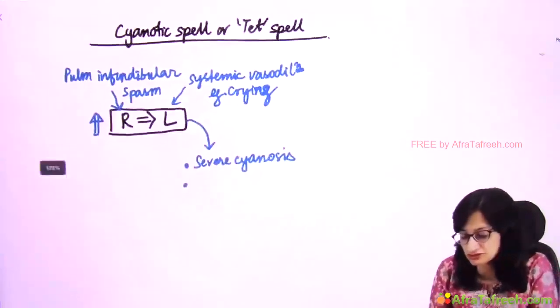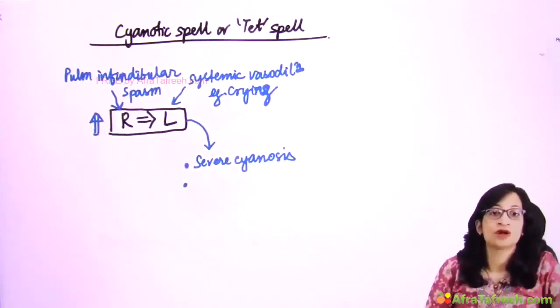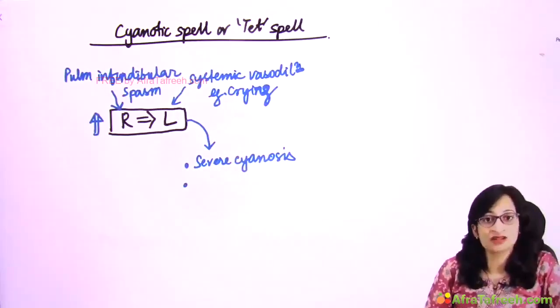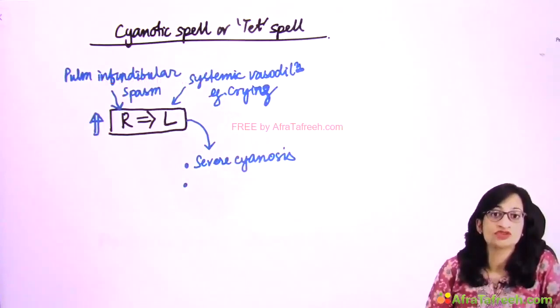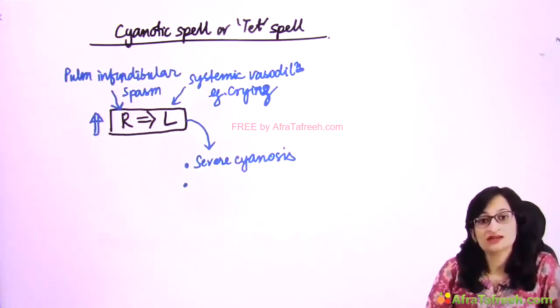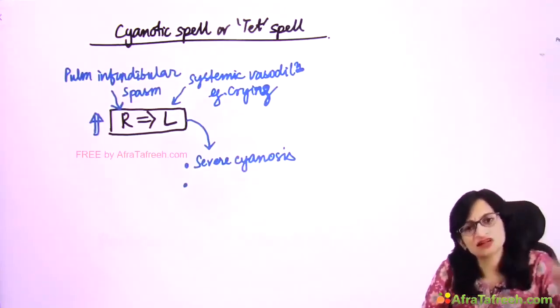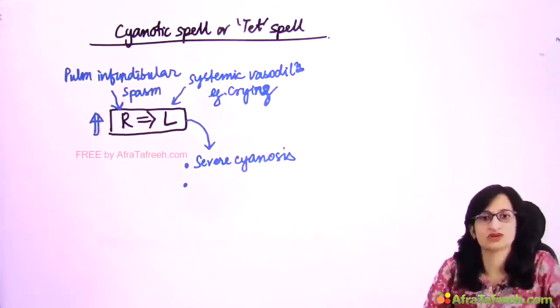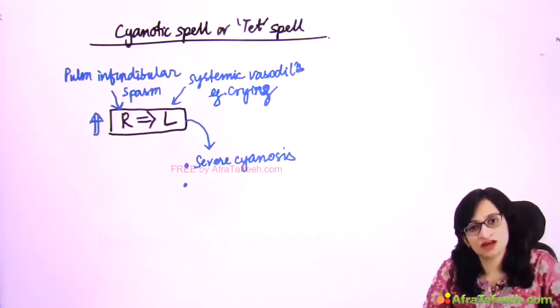What else? What happens to the murmur in Tetralogy of Fallot has been asked in the AIIMS exam previously. So, we are telling that right to left shunt is further increased in cyanotic spell. That means further lesser blood is going to the lungs. What will happen if lesser blood is going across the pulmonary valve?